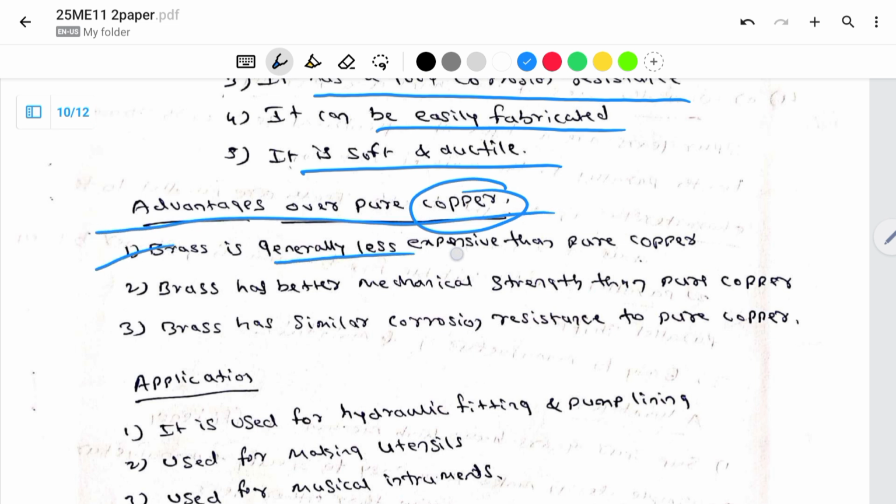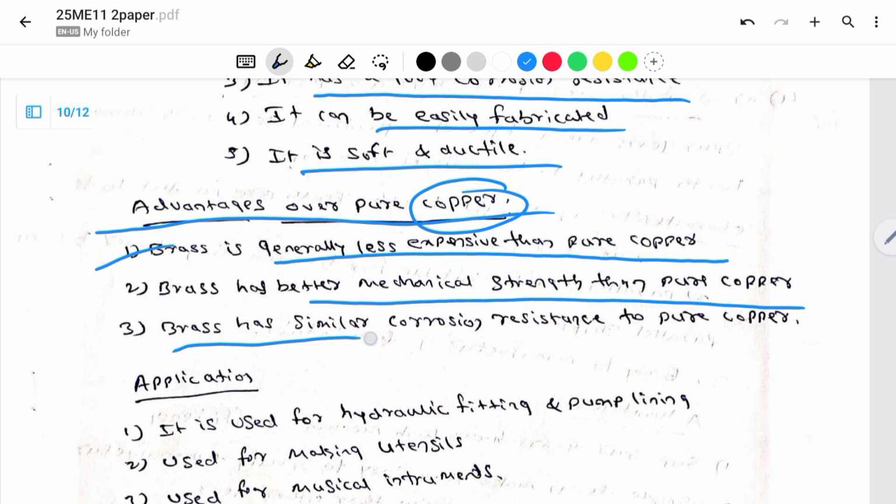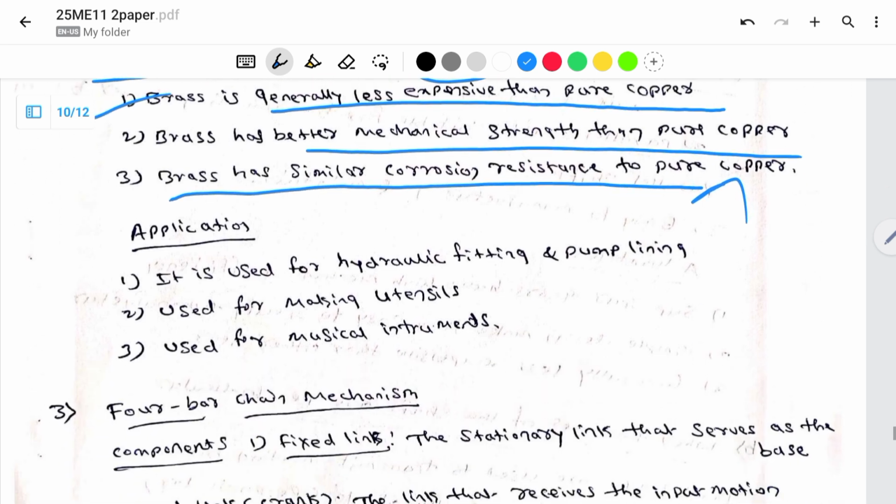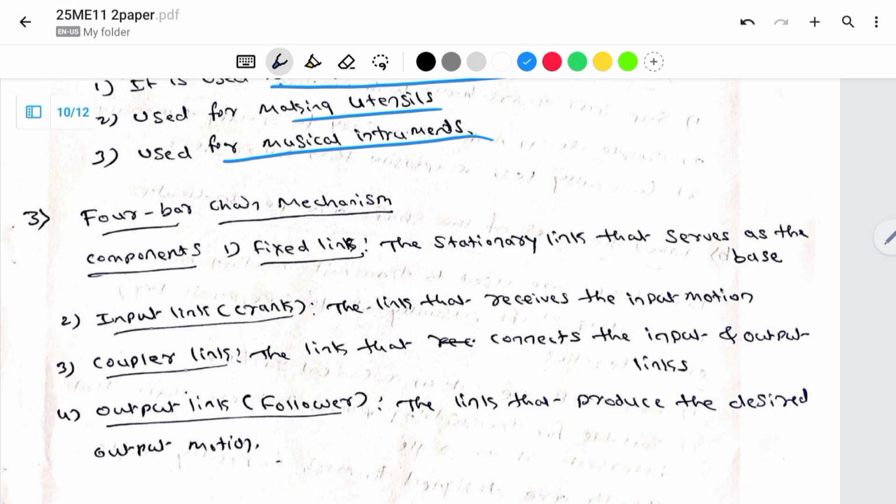Brass is generally less expensive, as I have told, because the material requirement is more, so you can't spend more money. Brass has better machinability. Brass has similar corrosion resistance compared to copper. Applications are utensils, fittings, pumps, and musical instruments manufactured with brass.